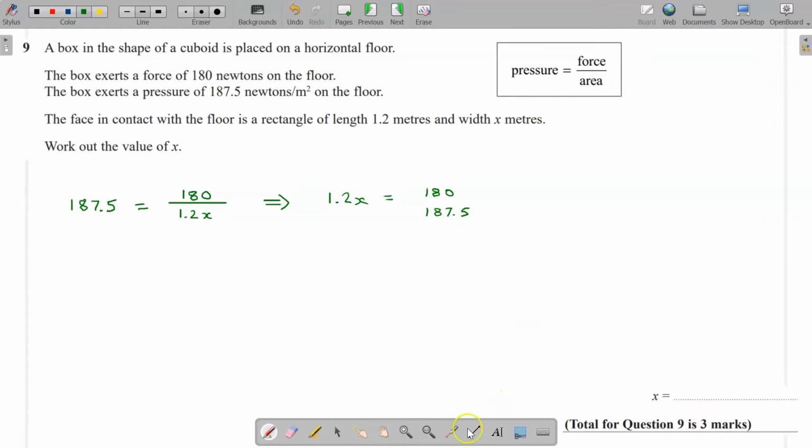And then one more step would just be to divide both sides by 1.2. So the final step would be 180 over, well, I'm just going to put 1.2 times 187.5 underneath.